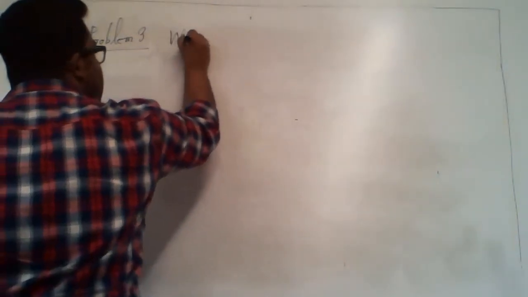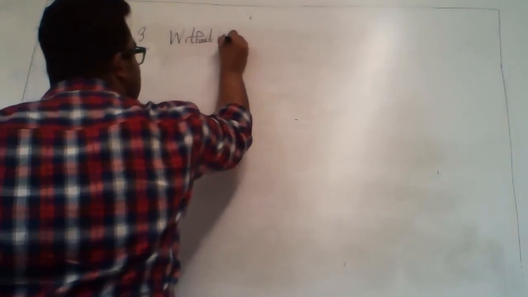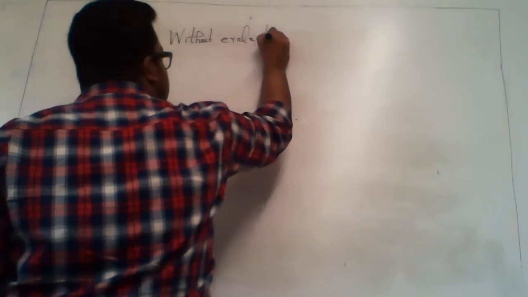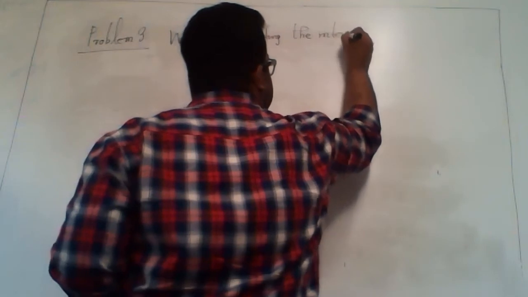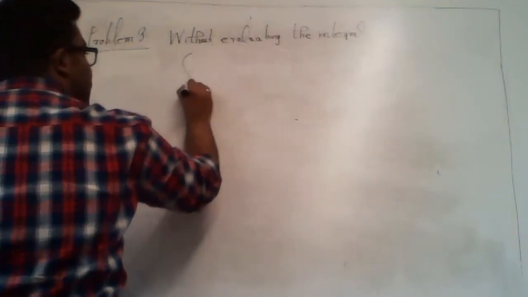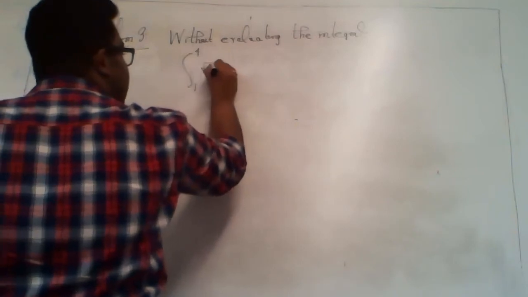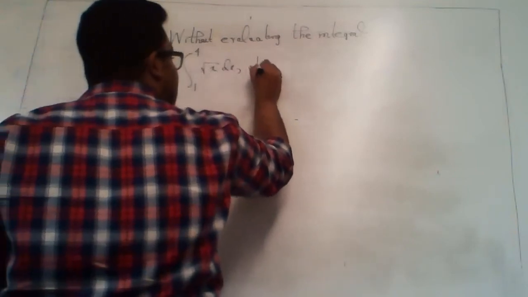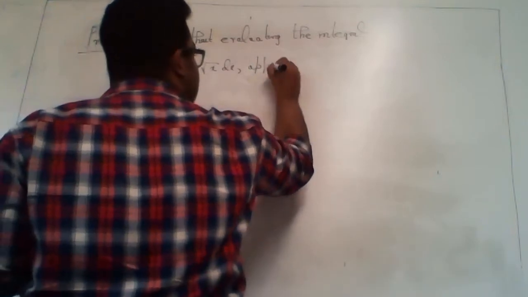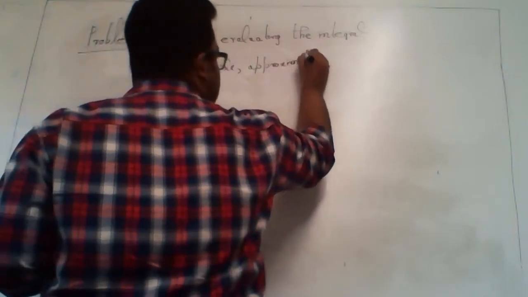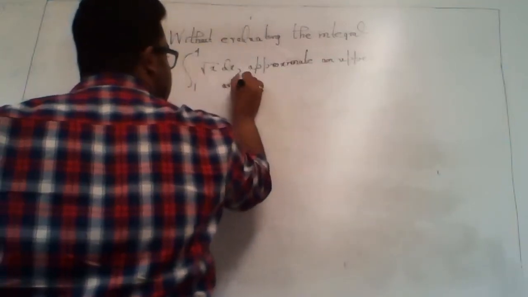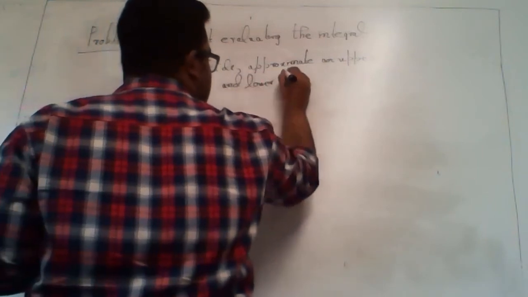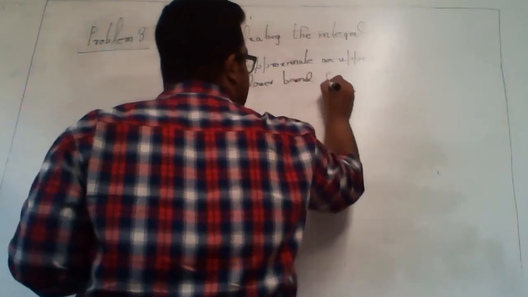Without evaluating the integral from 1 to 4 of square root of x dx, approximate an upper and lower bound for the value of the integral.